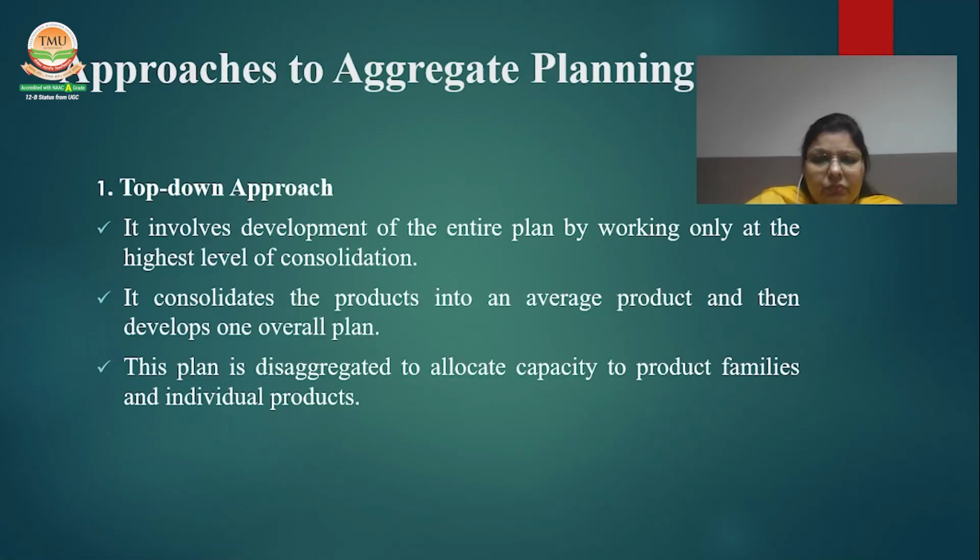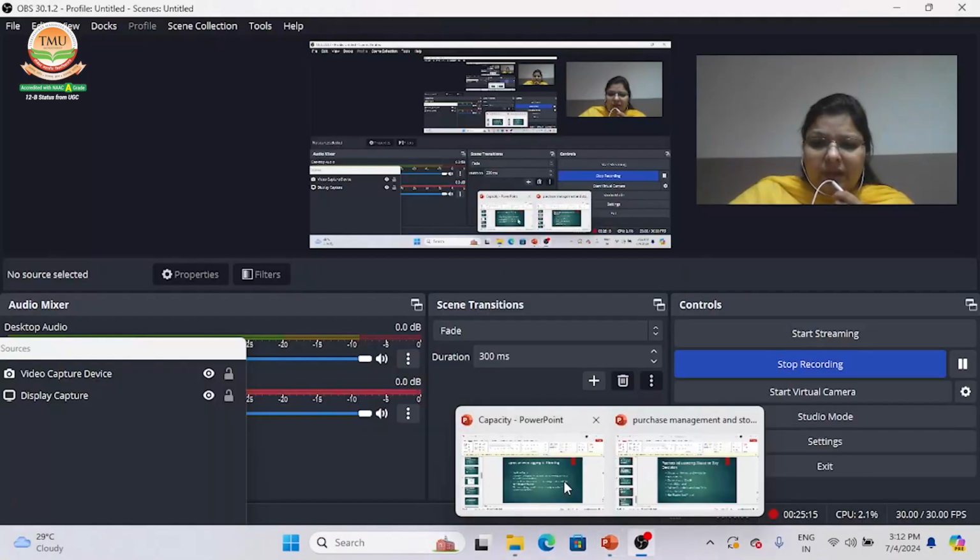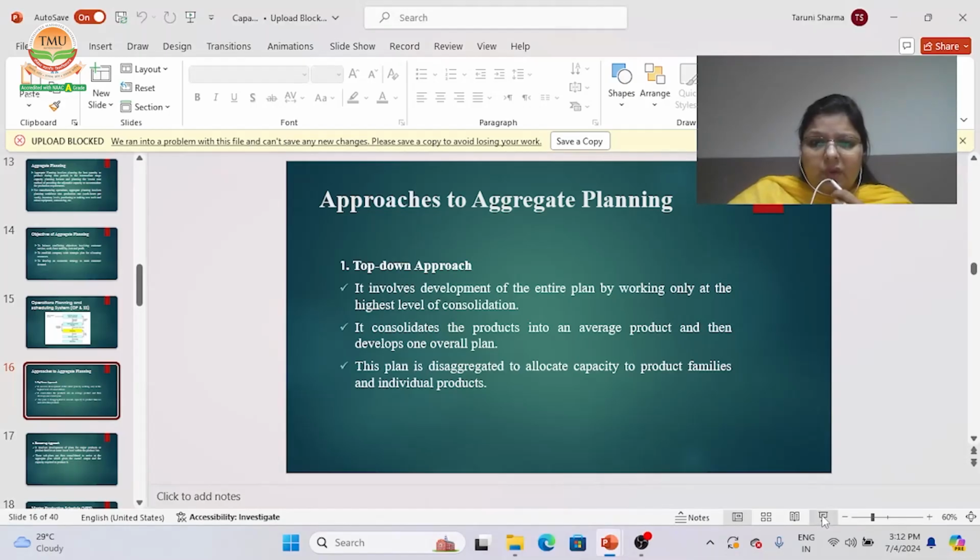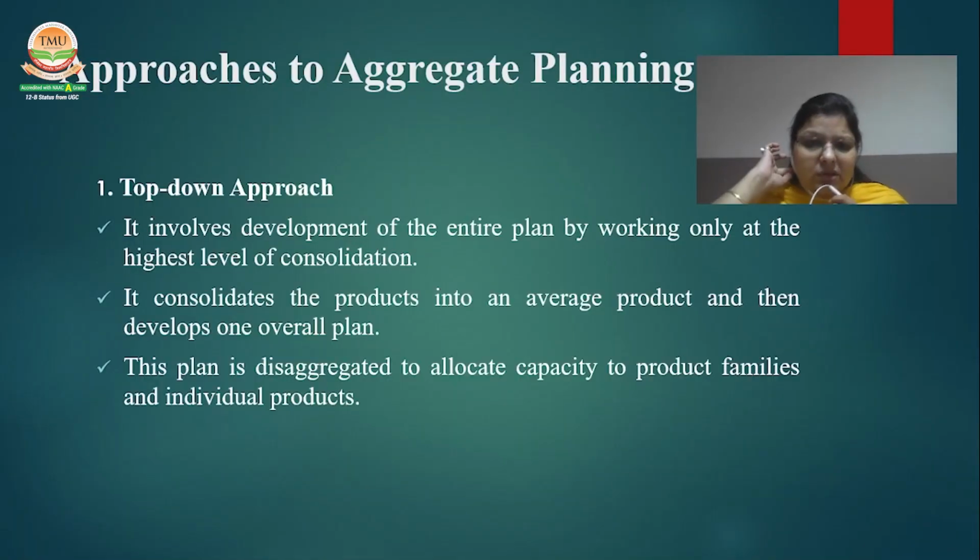Now what are the approaches of aggregate planning? Number one, the top-down approach. It involves development of the entire plan by working only at the highest level of consolidation. It consolidates the products into an average product and then develops an overall plan.